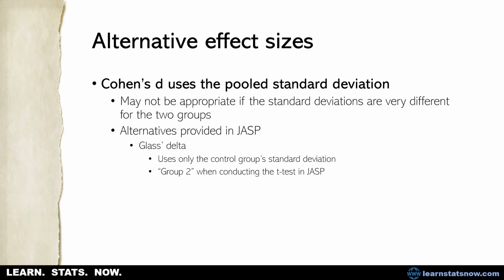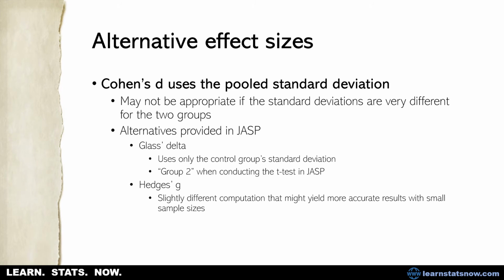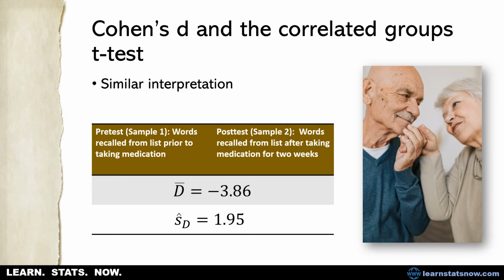Okay, now typically in JASP, that would be the standard deviation associated with the second group that's entered in when running the analysis. There's also Hedges' g, which is included in JASP, and that's a slightly different computation that might yield more accurate results, especially with small sample sizes. But for the most part, most courses will just focus on Cohen's d.